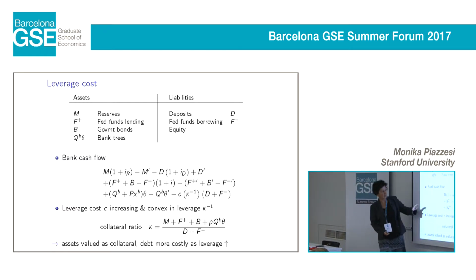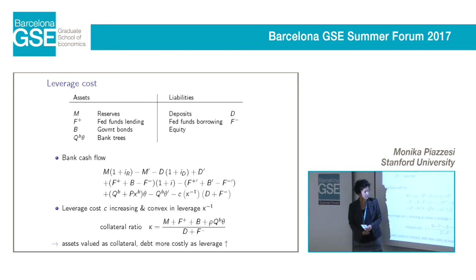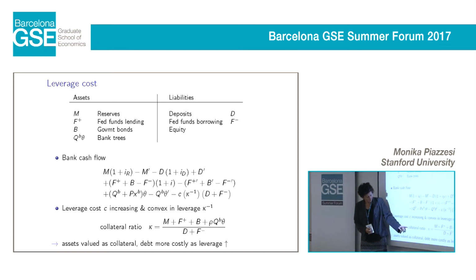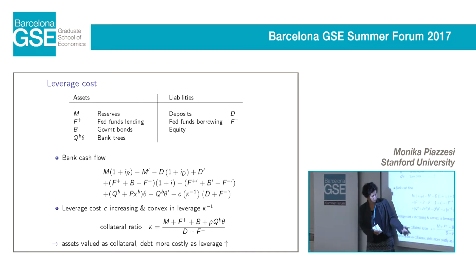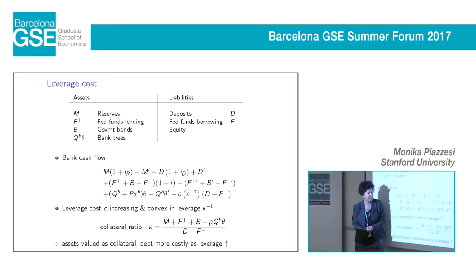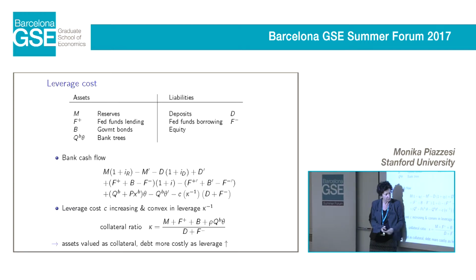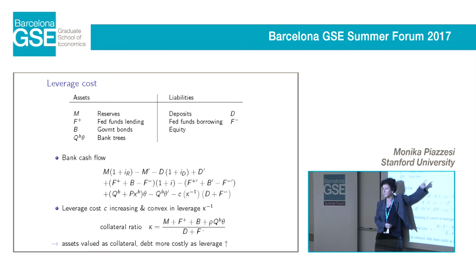So here's again this cash flow, and this is the piece that introduces these leverage costs. C is a function of the collateral ratio. In fact, the inverse of the collateral ratio is leverage. What's the collateral ratio? It adds up all these assets, and we can put a weight on risky trees in terms of how these trees enter the collateral ratio, divided by debt, and that's on the right-hand side.